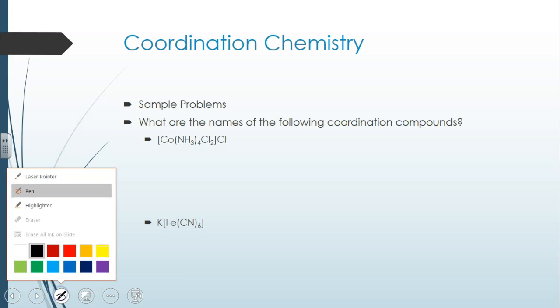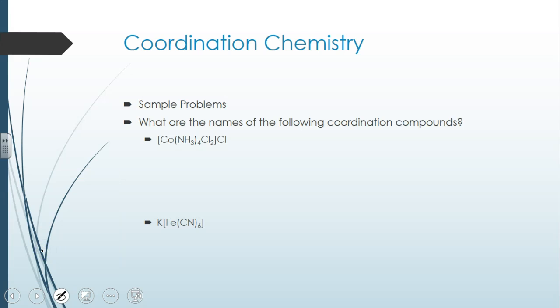So the first thing that you should do is separate this into the two parts, just like an ionic compound. And so the ending of this is going to be chloride. The challenge of this is going to be naming this complex ion.